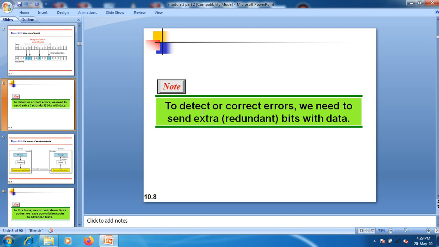In the case of retransmission, correction is very difficult, as we have already said. Instead of correcting those bits, we inform the source to retransmit that information one more time.